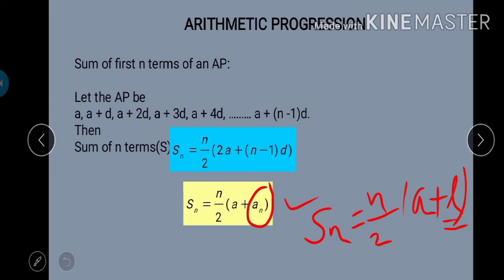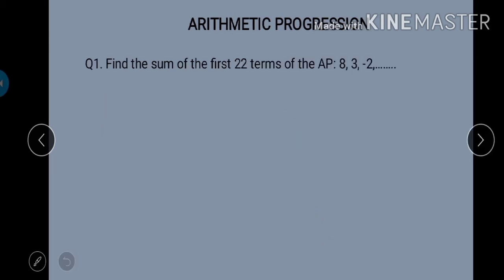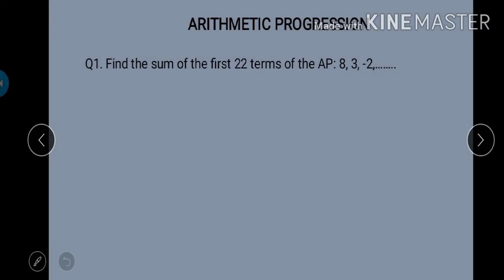Now let us see an example of how it is used in finding the sum of n terms. The first question is: find the sum of the first 22 terms of the AP 8, 3, minus 2 and so on. Let us first collect the information given here.